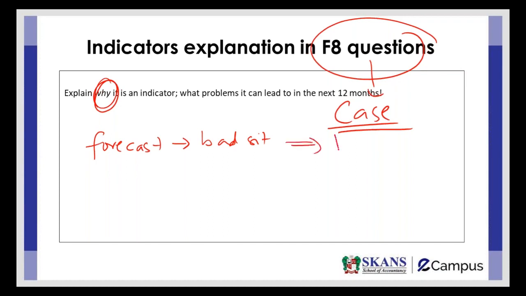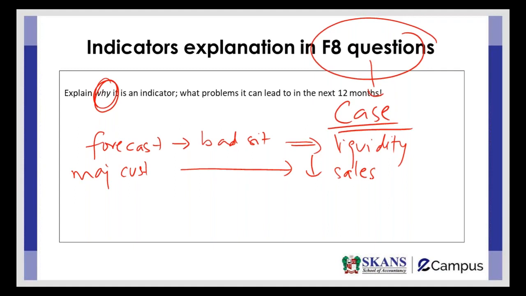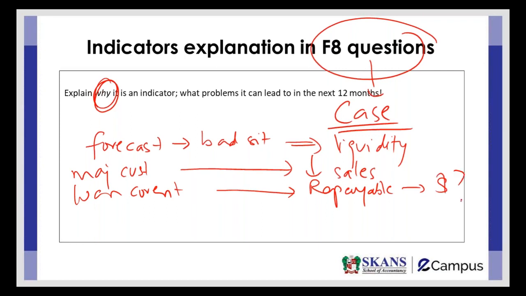You'll have to tell me that this means that the company is going to face liquidity problems. If a major customer has been lost, you have to tell me I could face problems because my sales will go down if this customer is not replaced. If, for example, a loan covenant has been breached, explain that this means the entire amount might become repayable. Where will I get the money from?